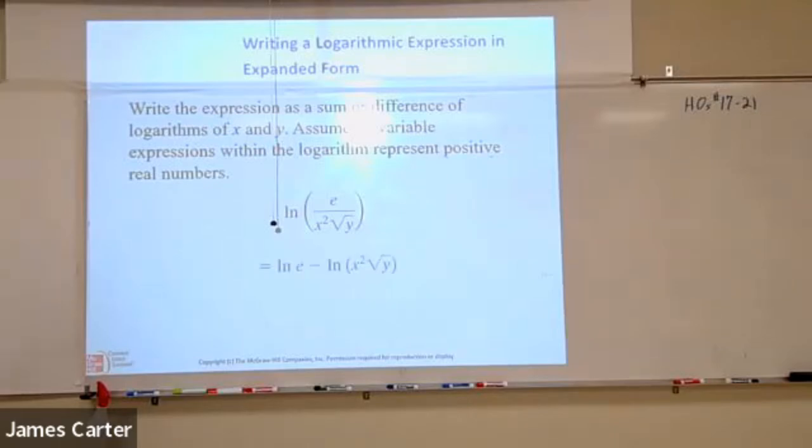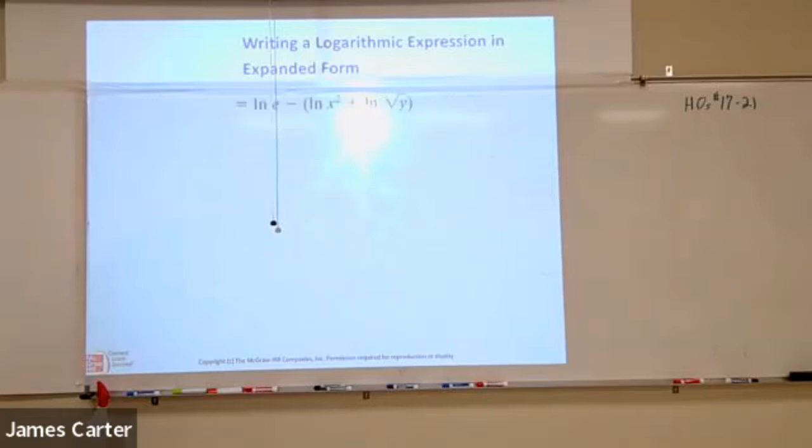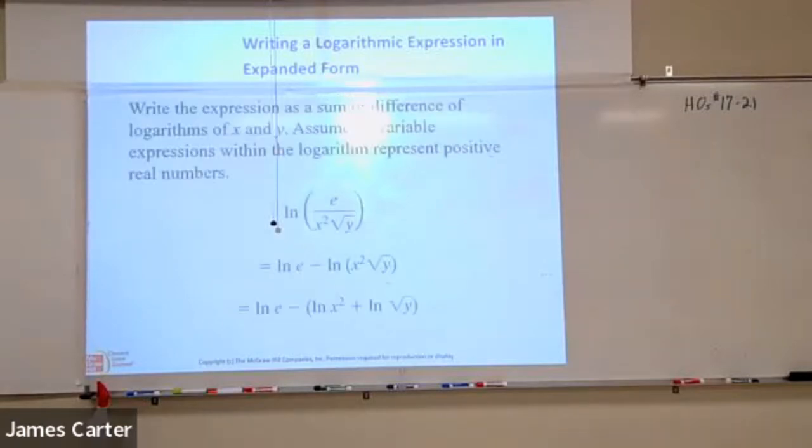Okay, so we got the first one. And both of these, I wouldn't show that step. And I wouldn't show that step. I would go straight to this step. Let's go back and get the first one.